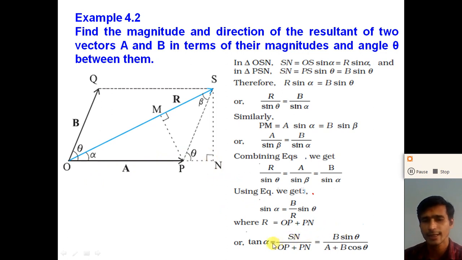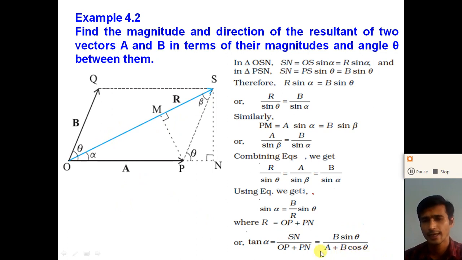So here tan alpha is equal to SN divided by OP plus PN, which is B sin theta divided by A plus B cos theta. Here alpha is the angle with the vector A. So the angle the resultant vector makes with the vector A, alpha, is given by tan alpha equal to B sin theta divided by A plus B cos theta.